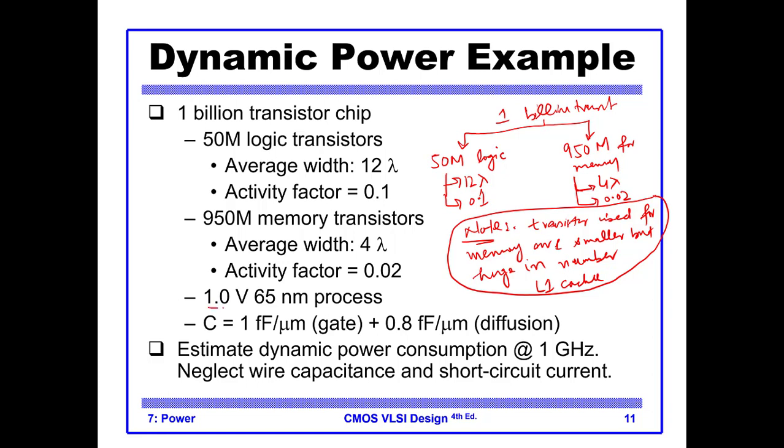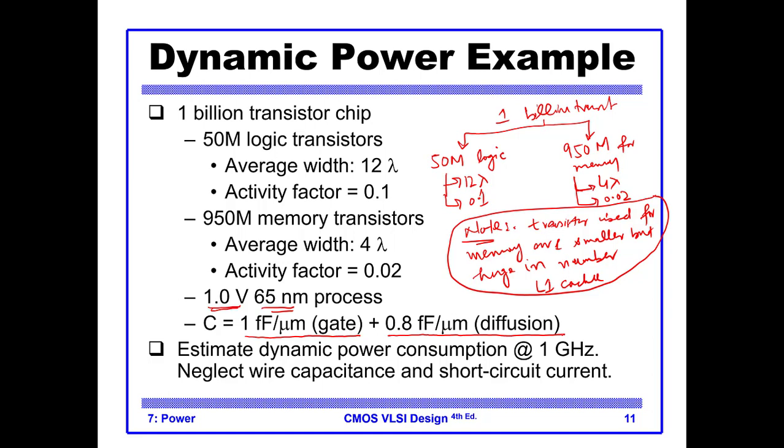And then we have 1 volt as our supply voltage, and a 65 nanometer process, and then we have the capacitances. We have 1 femtofarad per micrometer as our gate capacitance and 0.8 femtofarad per micrometer as our diffusion capacitance. Diffusion capacitances are the capacitances created when you dope regions, for example CD or CS.